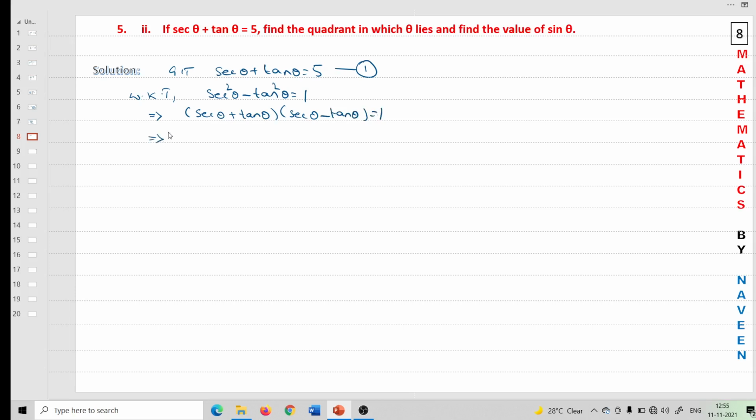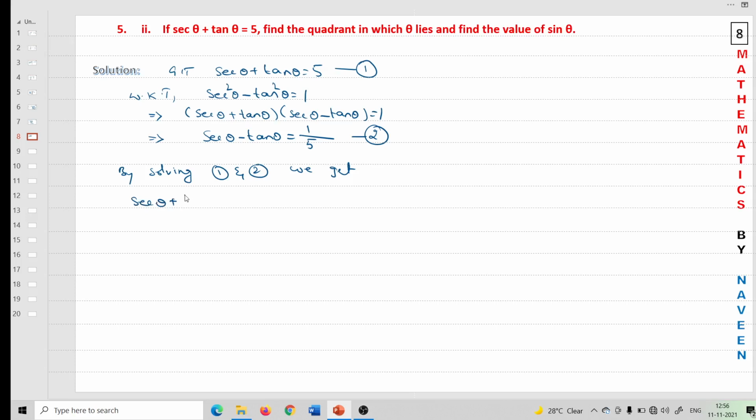That implies from this we require the secant theta minus tan theta value. So secant theta minus tan theta is equal to 1 by (secant theta plus tan theta), and this value is 5. This one is equation number 1. On solving these two equations, we get secant theta value and tan theta value separately. First I am adding both the equations.